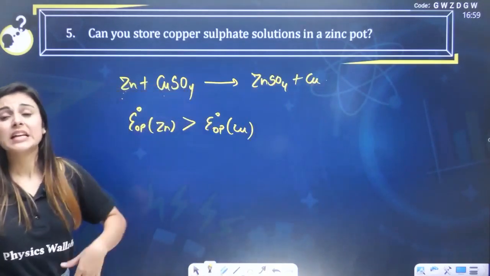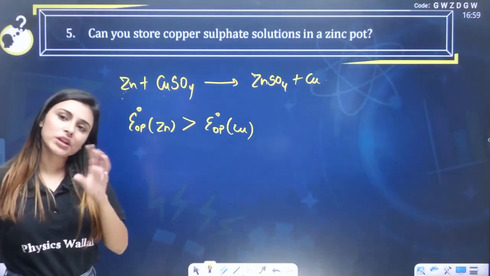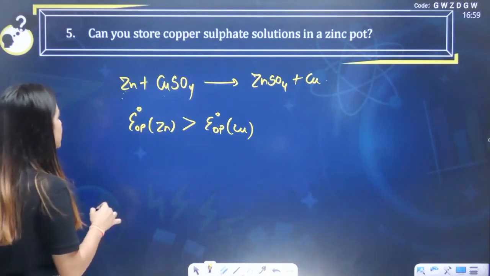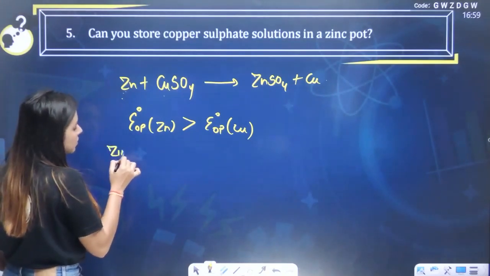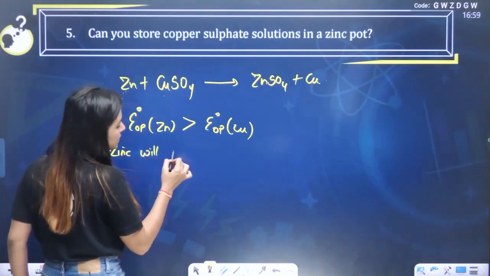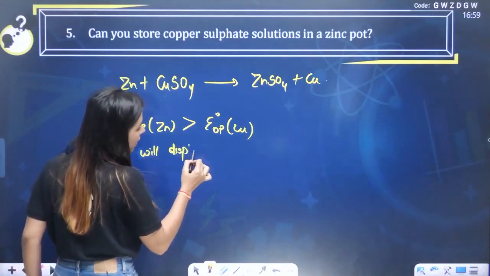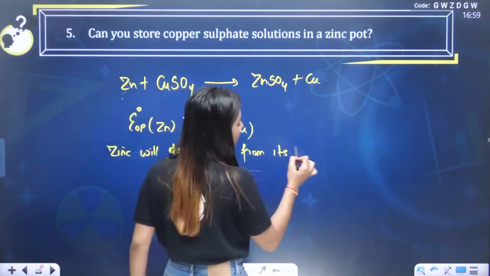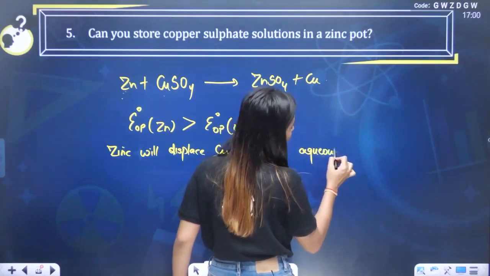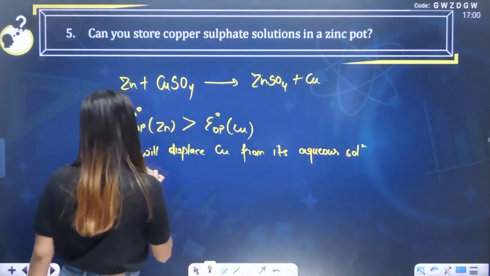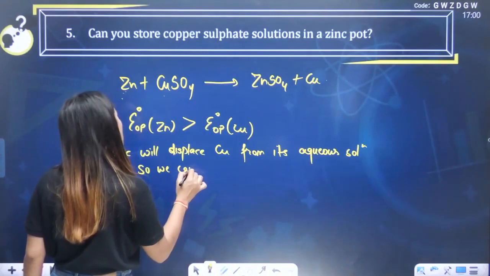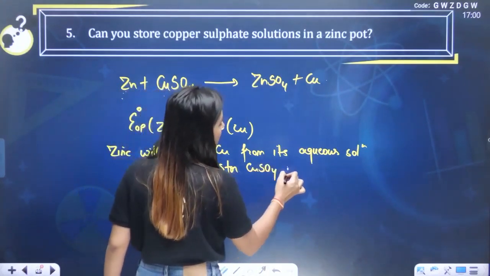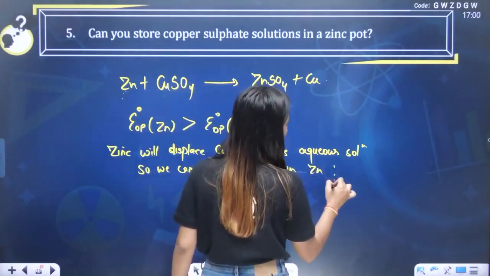This means that storing copper sulfate solution in a zinc pot is reactive, and since it is reactive, we cannot store it, right? So we can say that zinc will displace copper from its aqueous solution. So we cannot store copper sulfate solution in a zinc pot.